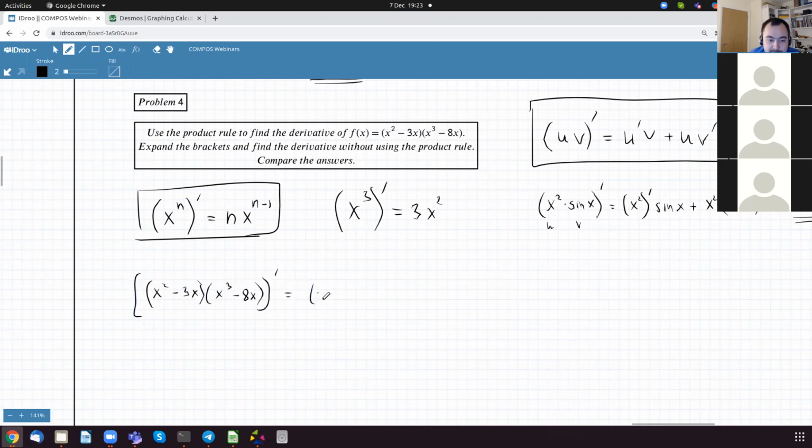We take the derivative of the first function times the second function, plus the first function, x squared minus 3x, times the derivative of the second function.